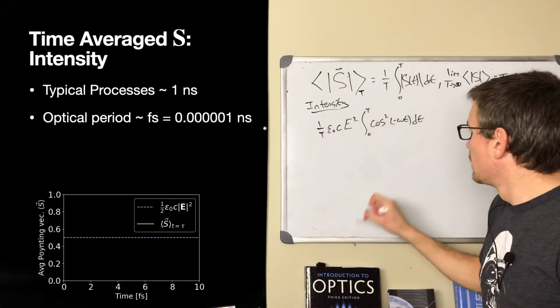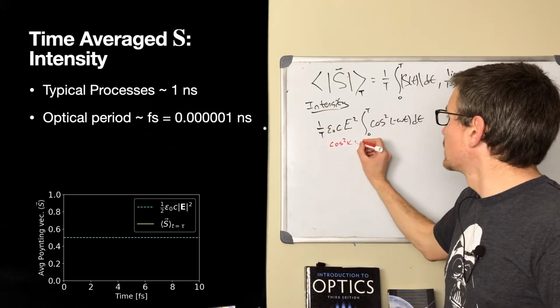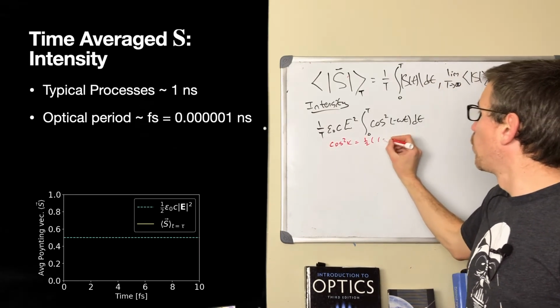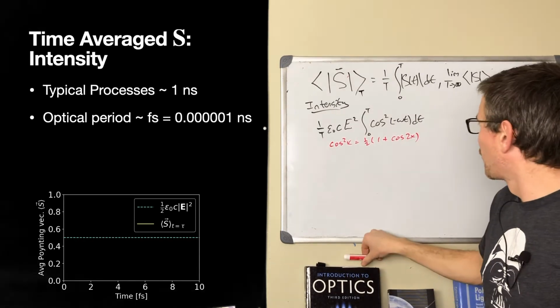All right, we'll use one of our favorite trig identities, the fact that cosine squared of x is equal to 1/2 times 1 plus cosine of 2x. There's that old formula.